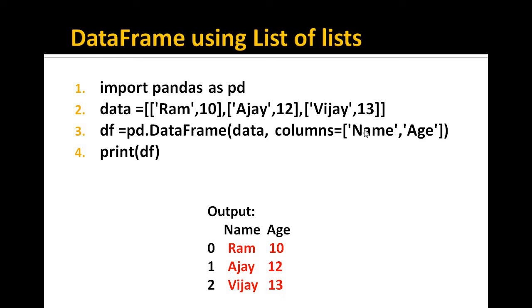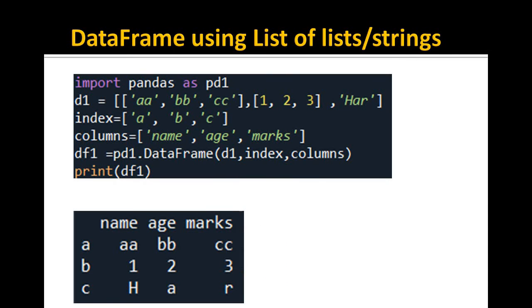So here we have 2 columns, name and age, and this data, a list of lists, has 3 lists inside it which took the place of 3 row values. And because we did not provide index, the default index 0, 1, 2 has been assigned.